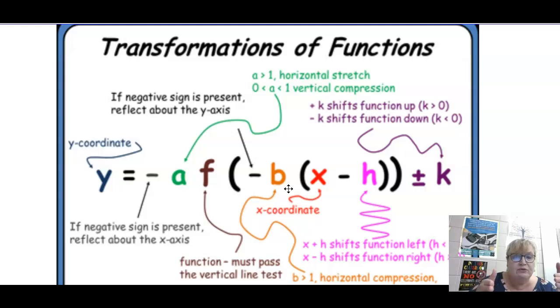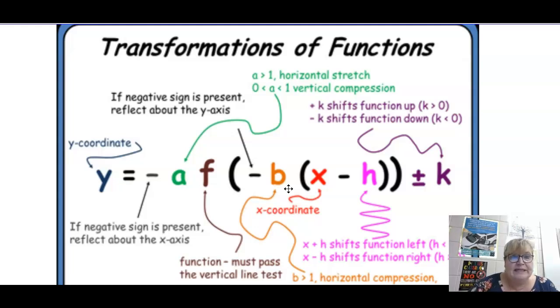It would shrink the graph in towards the y-axis, okay? The x-intercepts would change. If it were a fraction like 1/3 in there at b, it would stretch the graph and the x-intercepts would change out away from the y-intercept. It stays attached to the y-intercept where it was.